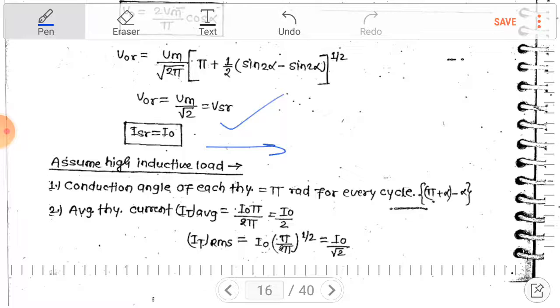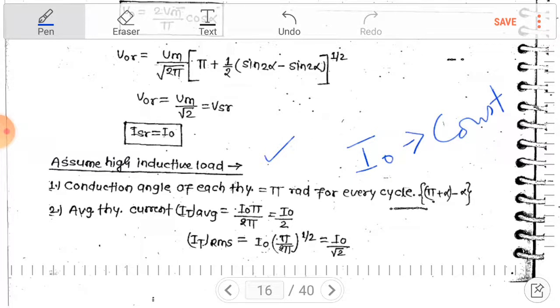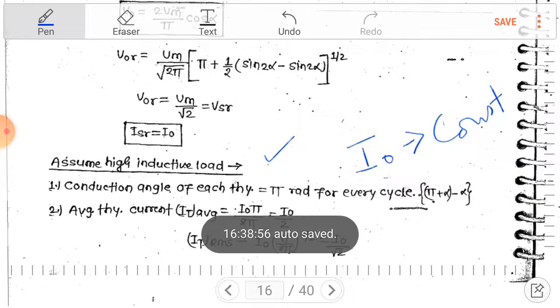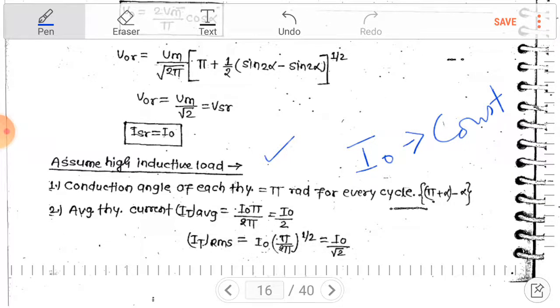Here the source current RMS is equal to the load current RMS. For a highly inductive load, we have I naught constant, and we assume that this constant current in the positive half cycle flows from the positive group of thyristors, and in the negative half cycle it flows from the negative group of thyristors.